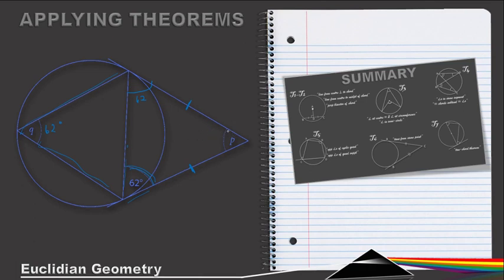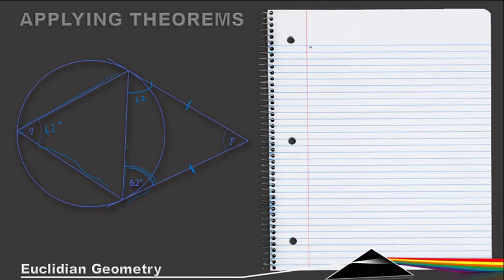So now to get started, we need to state that these two lines are equal, and then we can say here that this angle is 62. So we have an isosceles triangle.